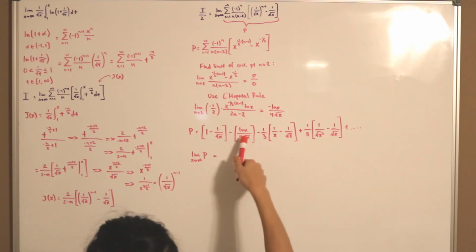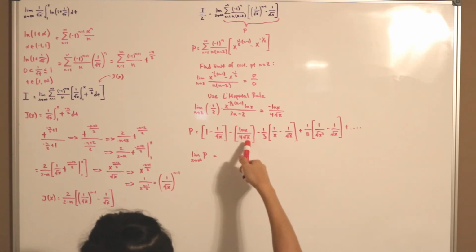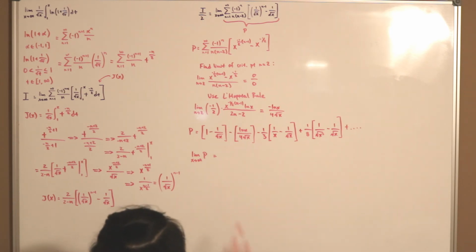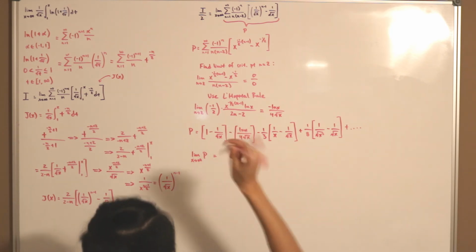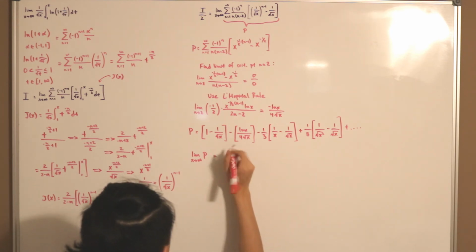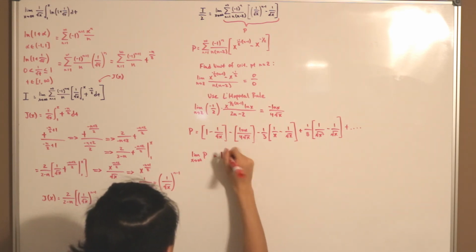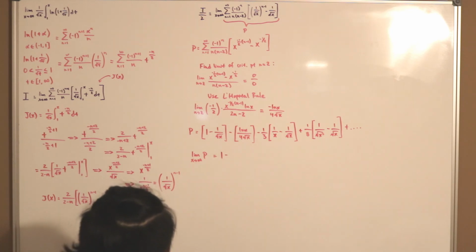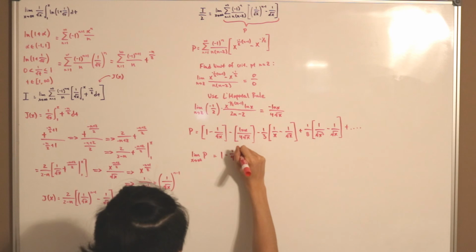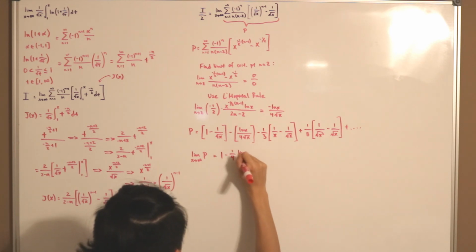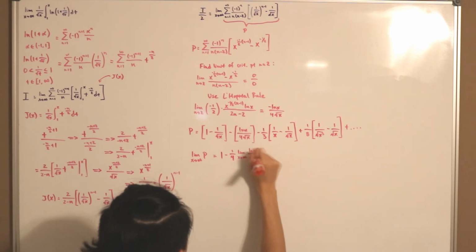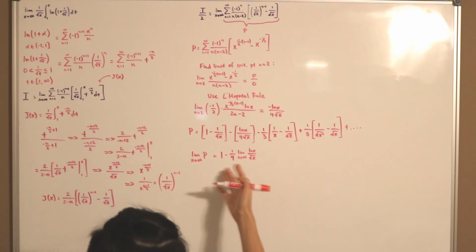Note that when we plug infinity for this term here, we actually get an infinity over infinity indeterminate form. So we're actually going to have to use L'Hopital's rule for this. So this is simply 1 minus, and I'm actually going to factor out the 1 over 4, and then write the limit as x approaches infinity of ln of x divided by the square root of x. So that's what we have so far.